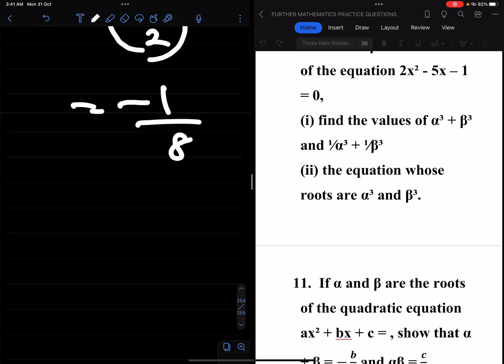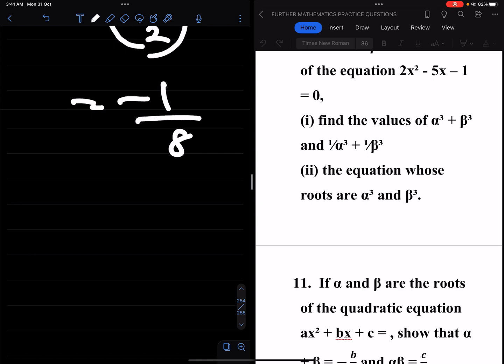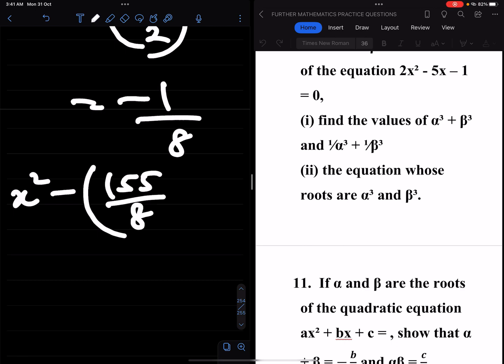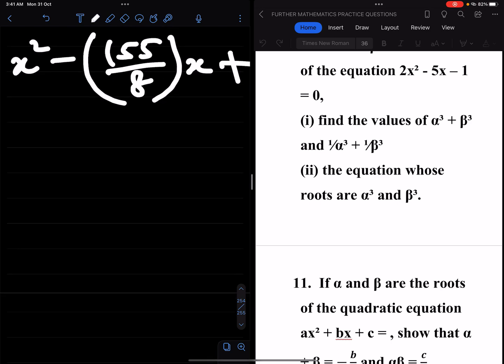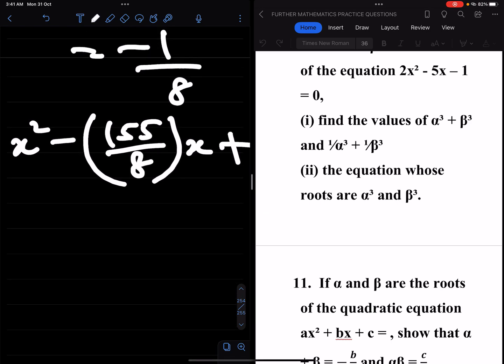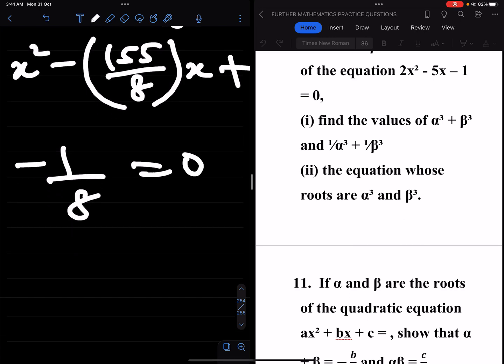Now the equation whose roots are alpha cubed and beta cubed will be x squared minus the sum of roots, which is 155 over 8, times x plus the product of the new roots, which is minus 1 over 8, equals 0.